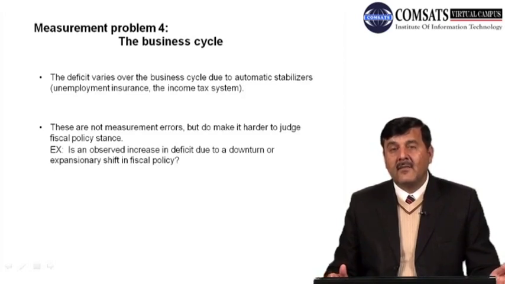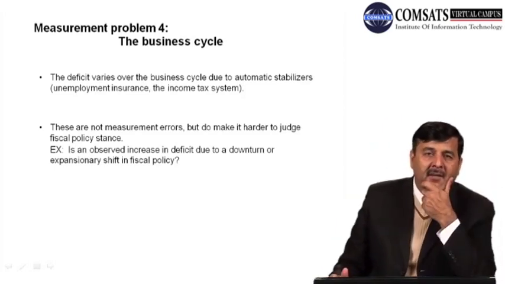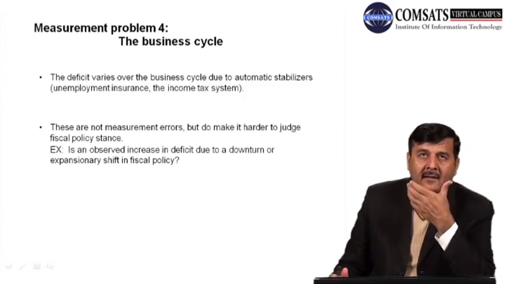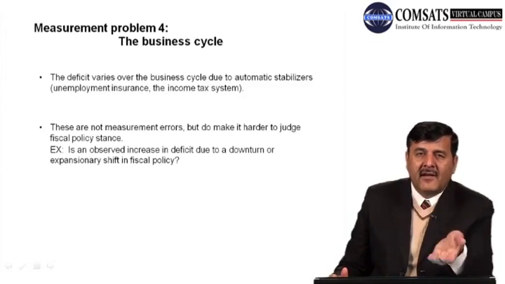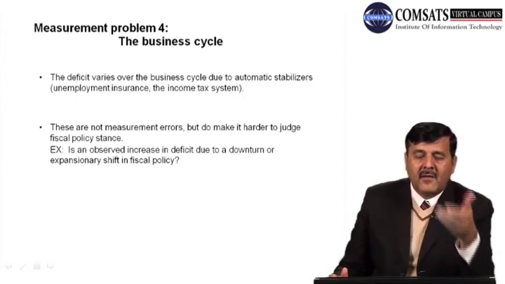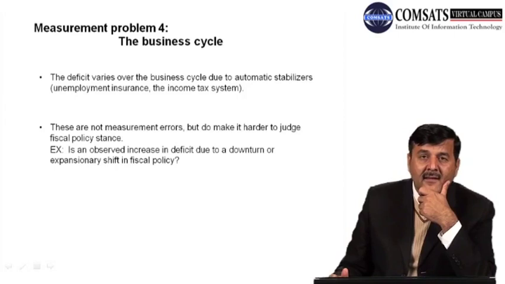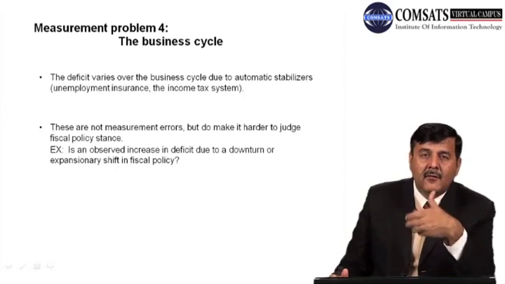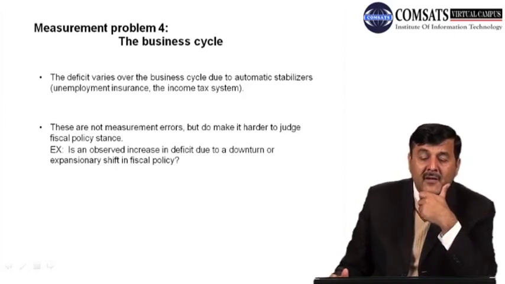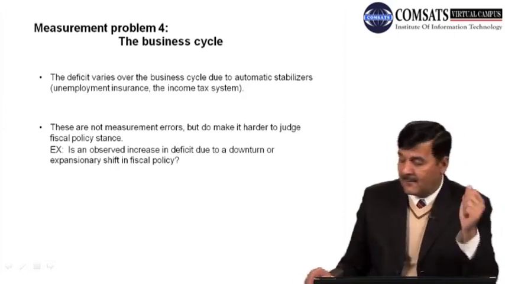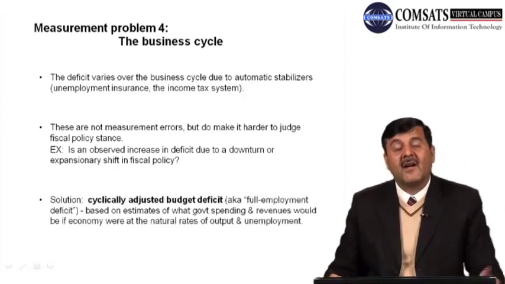Whether the observed जो increase, इजाफा हुआ है budget deficit में, that is due to a downturn, or an expansionary shift in fiscal policy. That is due to a downturn or expansionary fiscal policy or not? These are important questions. Solution. What is the solution then?